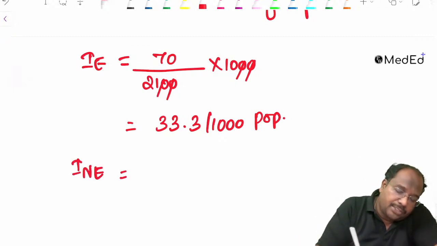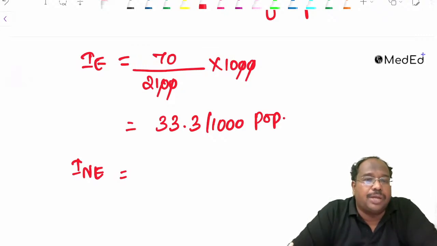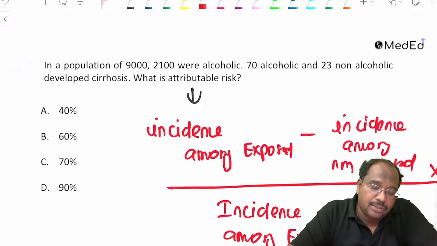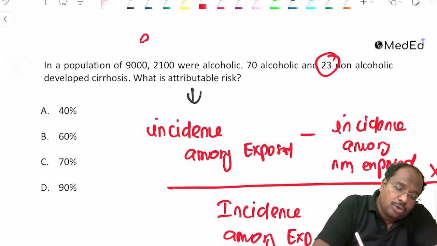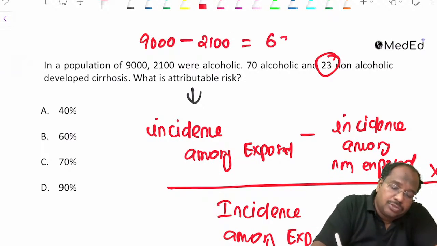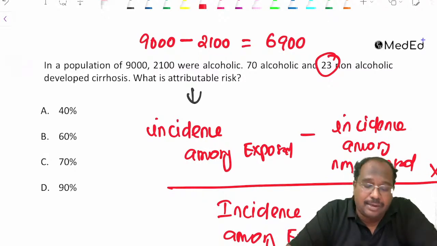Incidence among non-exposed is new cases divided by the non-exposed population. The new cases are 23. The non-exposed is the total population, 9,000 minus 2,100, which is 6,900.